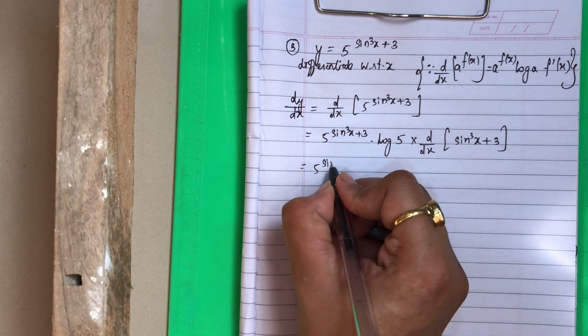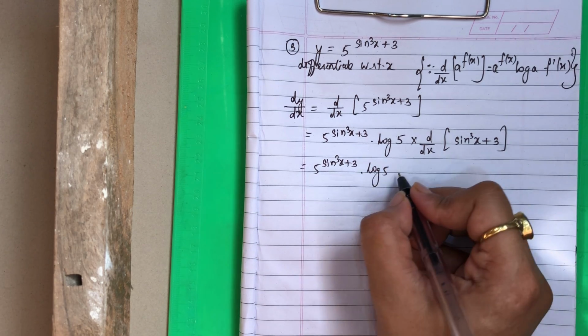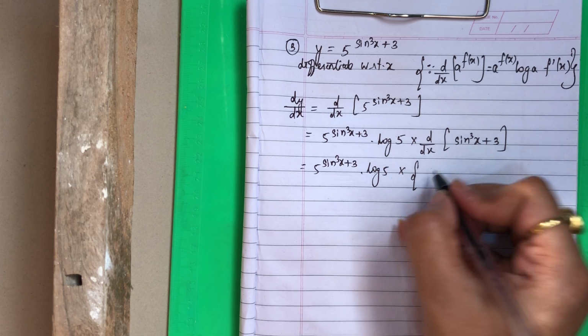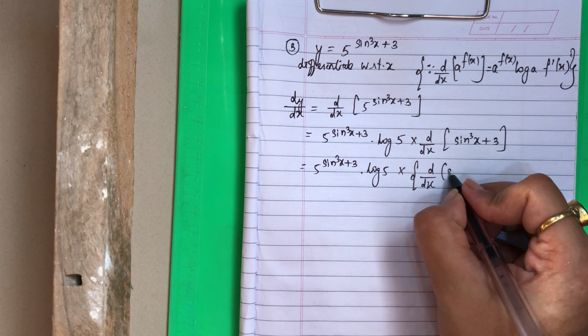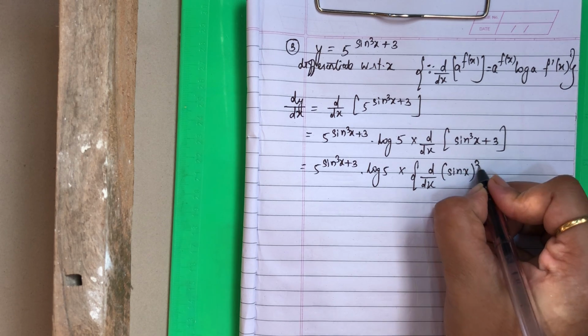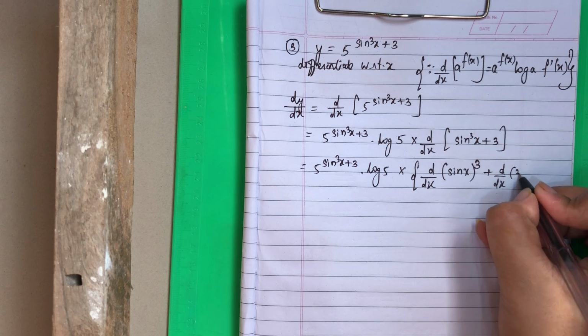So same, write down 5^(sin³x + 3) into log 5 into bracket. First of all, d/dx of sin³x. Sin³x can be written as (sin x) whole cube, plus d/dx of 3.